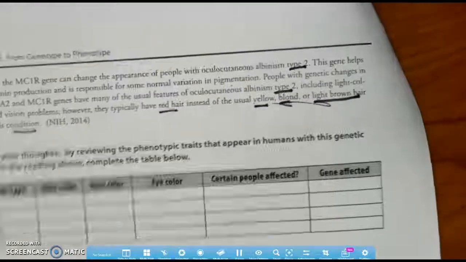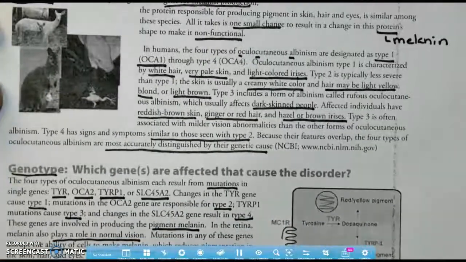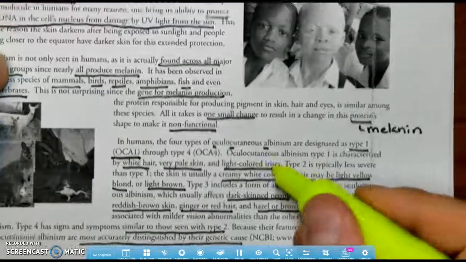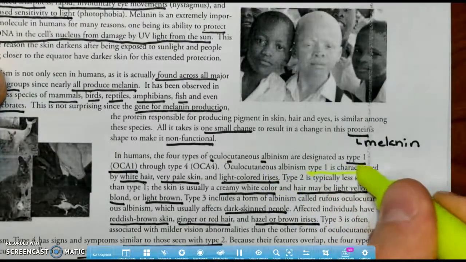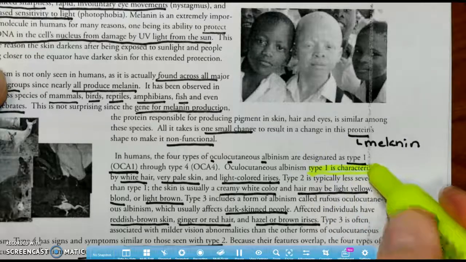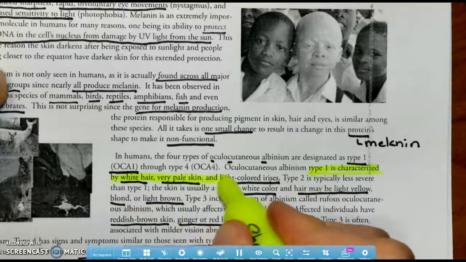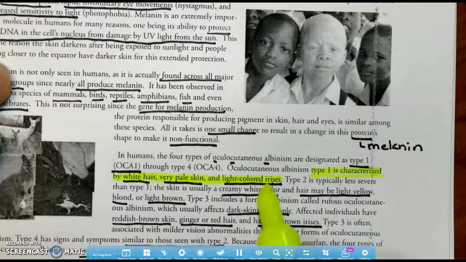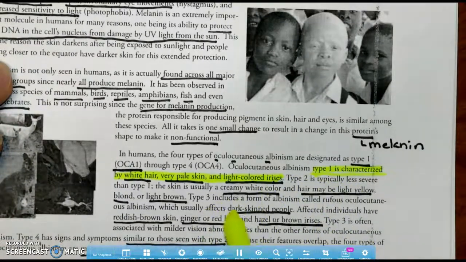I'm going to go through with a highlighter really quick and relocate OCA1 to expedite my process. Let's see, we got OCA type 1 right here, so it's characterized by white hair, very pale skin, light colored irises. Skimming, see if we have anything else for OCA1. It's talking about 2, 3, and 4.